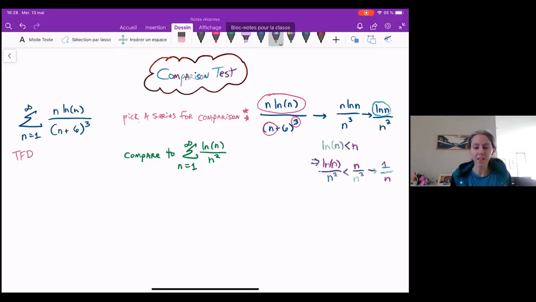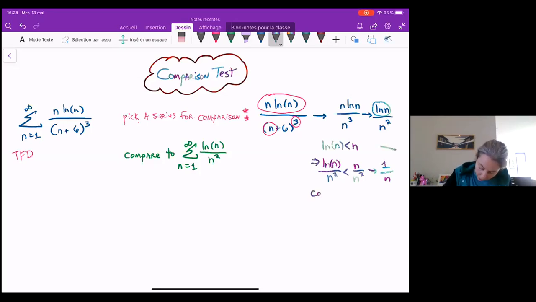So then we might try the limit comparison test with this, and it turns out that the limit comparison test would also fail. So getting rid of the ln in that way actually doesn't work here. Now, if you actually have to go through and do all of that work to see that, that's fine, as long as you then come back and say, okay, well, now what else would I pick?